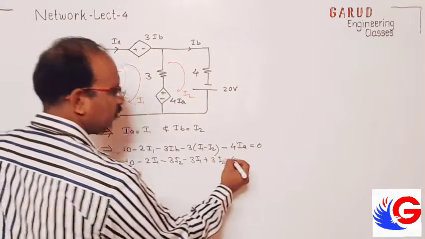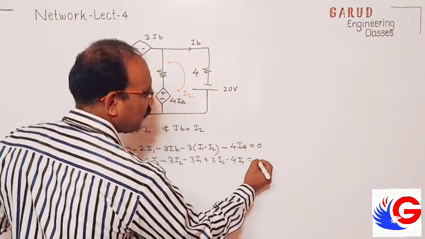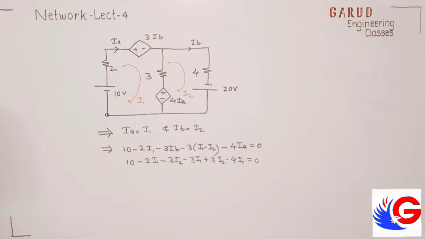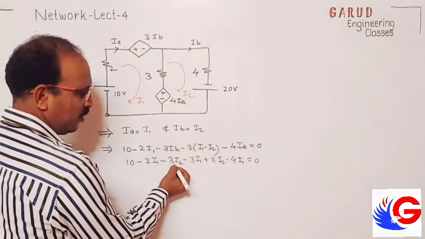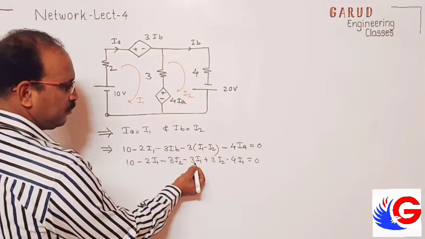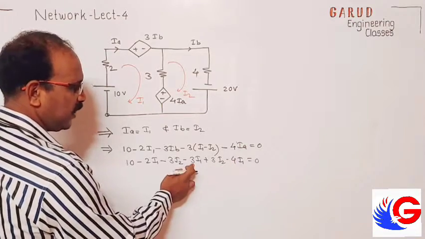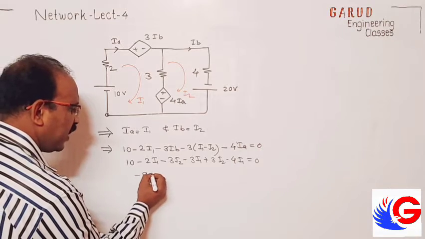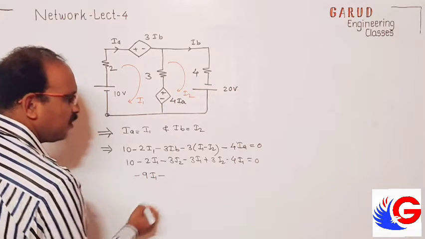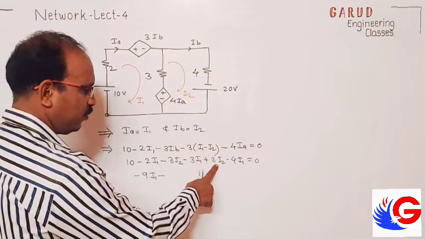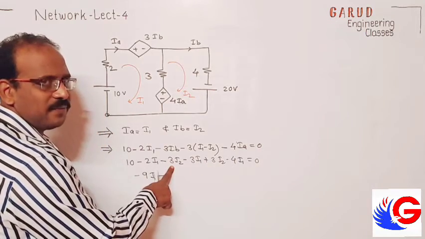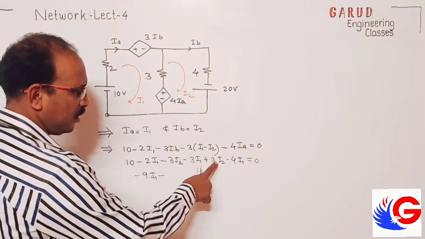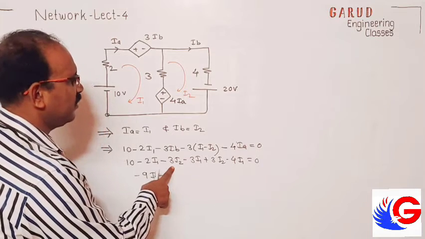IA is I1. 4I1 equal to 0. So it is like normal way. 3, 4, 7, 9. Minus 9I1. What about I2? I2, 3 cancel. Okay. 3I2 cancel.